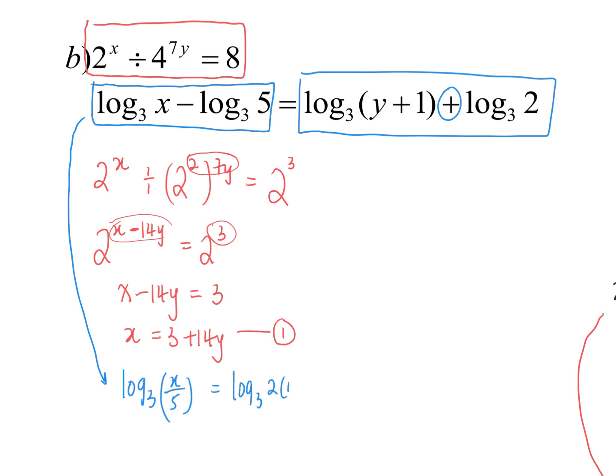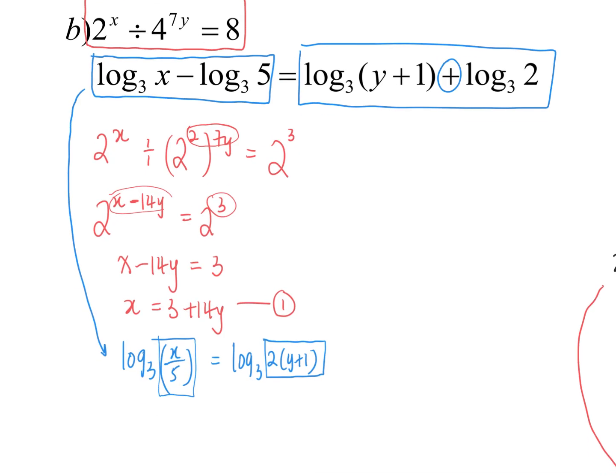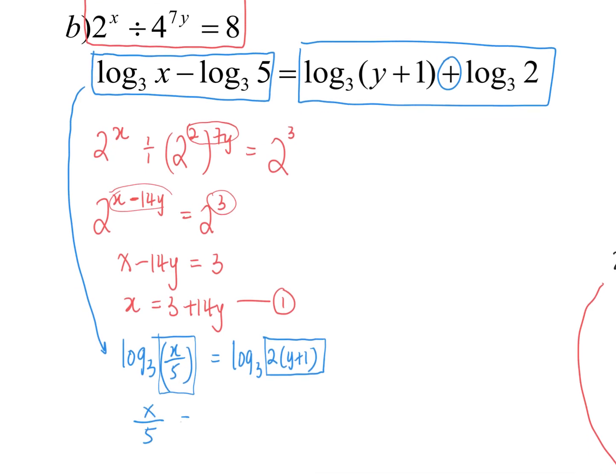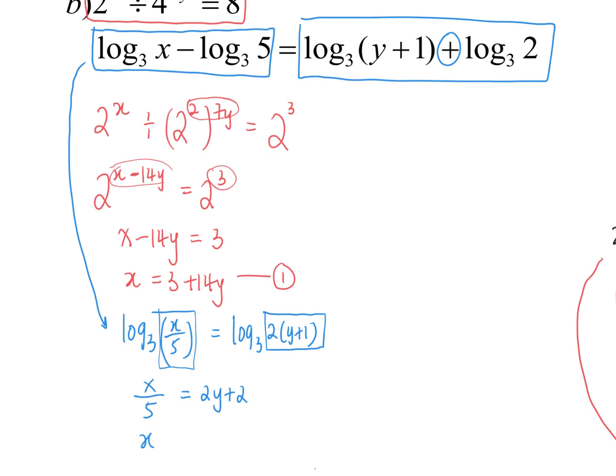Multiply the expression inside. Now that both sides are a single log function with the same base, you can drop the log and compare the expression inside. You just have to show me the comparison.